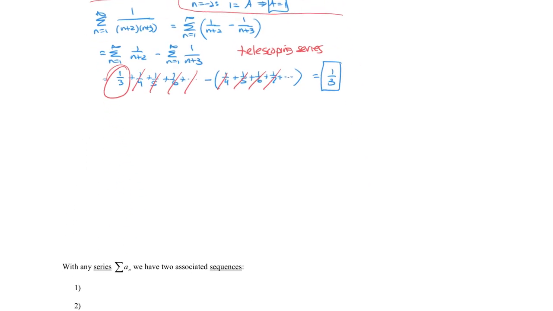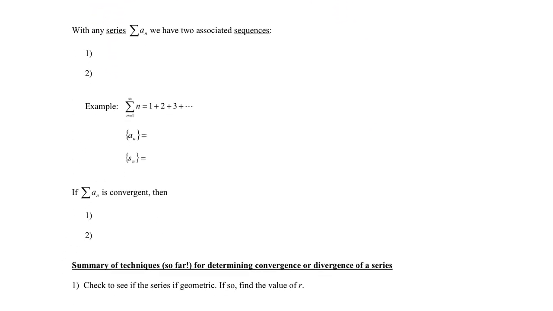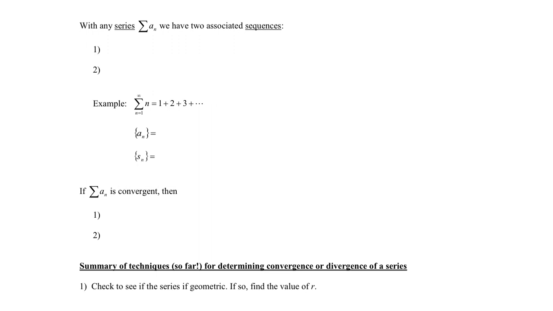And then, with any series, we have two associated sequences. Remember sequence from section 11.1, the first section? So with any series, we have two sequences. One is a sequence, remember, they're always in these braces, the sequence a sub n of its terms.